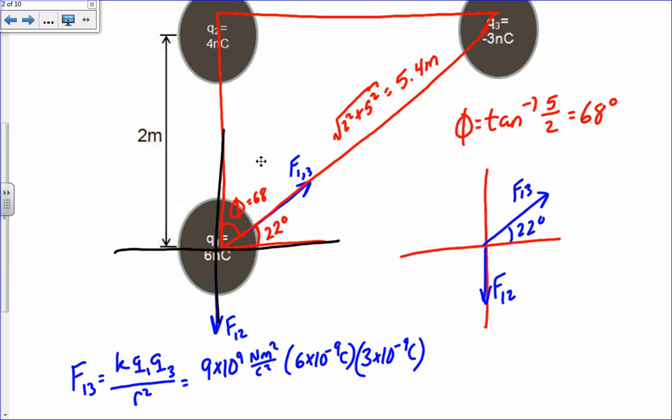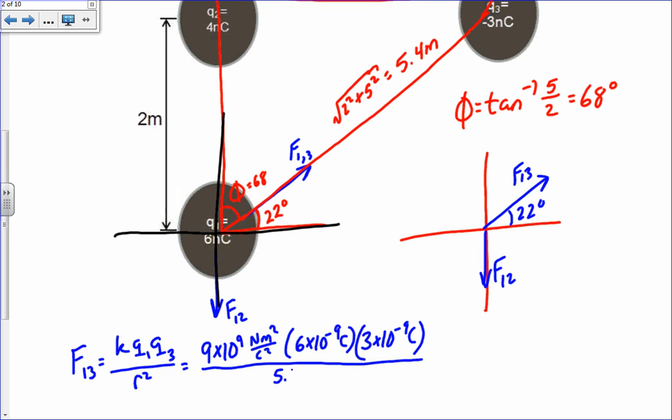Notice that I don't use the signs for the charges. The signs tell me the direction of the force, but I've already accounted for the direction by saying that opposite charges attract, like charges repel. And then over the distance squared, that's 5.4 meters squared. And I find that F13 is 5.6 times 10 to the minus 9.